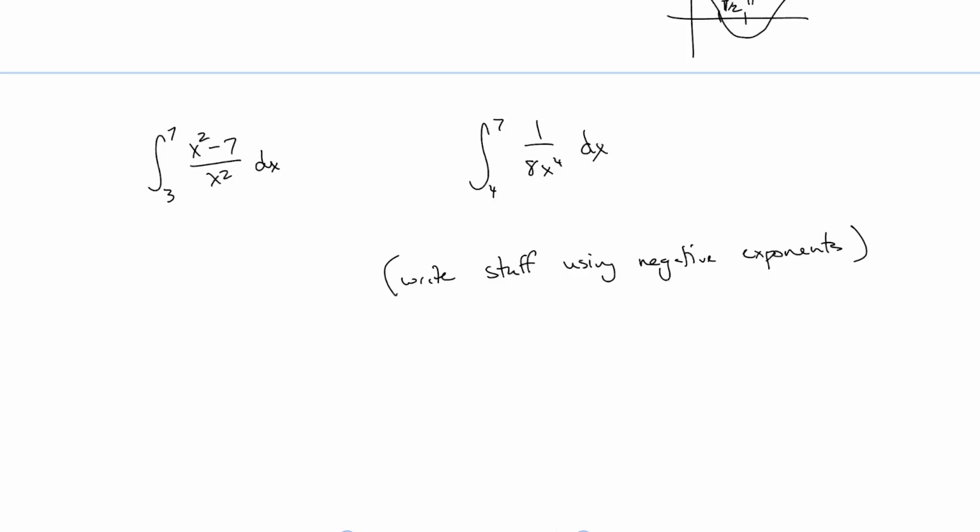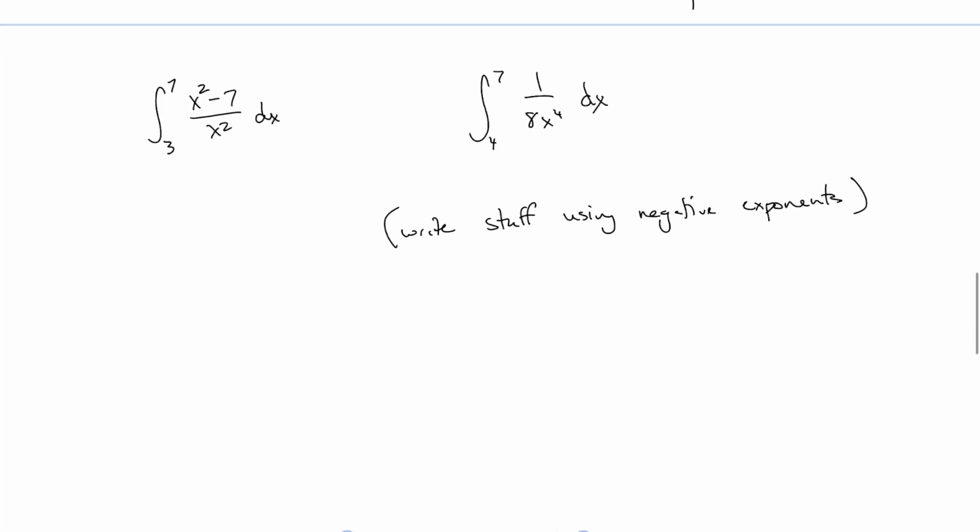I see some people getting nowhere and some people doing just fine. Let's talk about these. I know not everybody is done yet, and that's all right. The first one, when I say write stuff using negative exponents, what I mean is this right here, for example: instead of dividing by x squared, that is the same as multiplying by x to the minus 2.